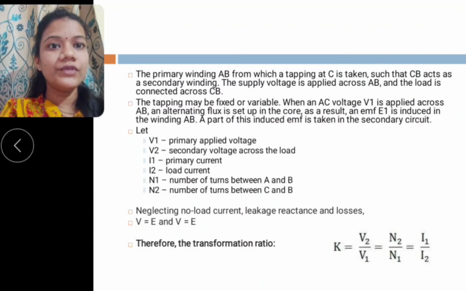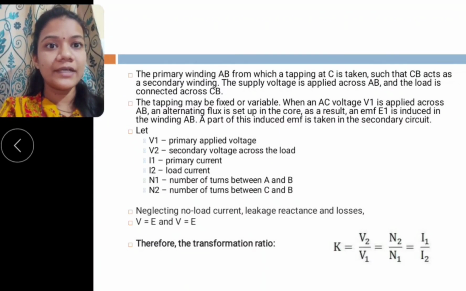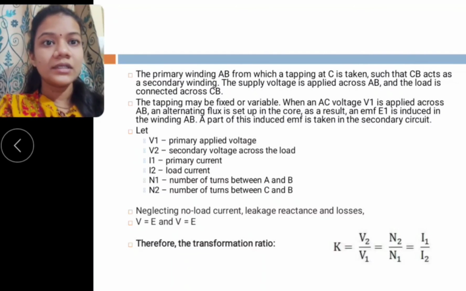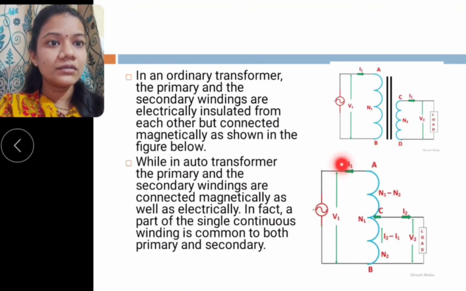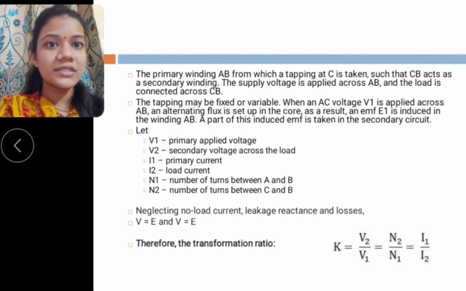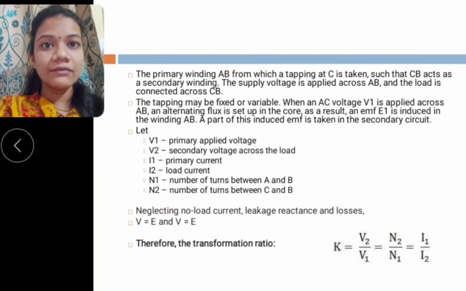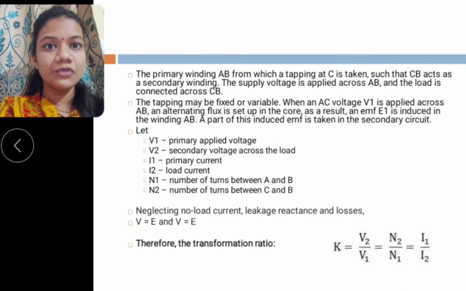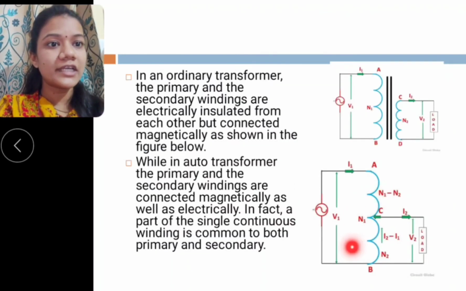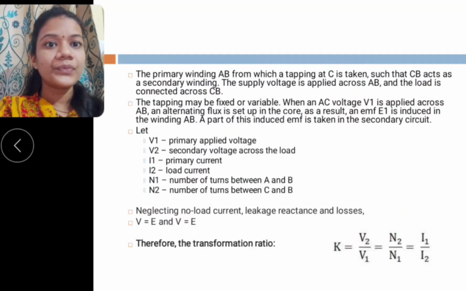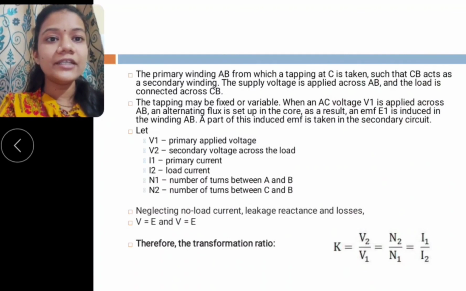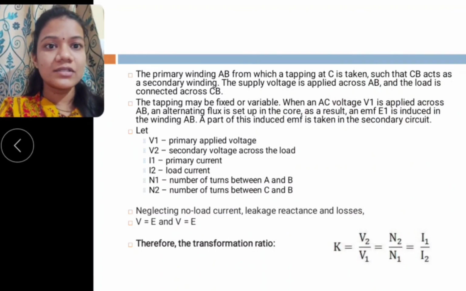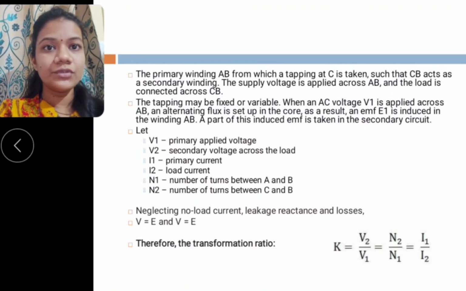Here V1 is your primary applied voltage, V2 is your secondary voltage across your load, I1 is your primary current, I2 is your secondary current, N1 and N2 are the number of turns, N1 between A and B and N2 for the secondary, between C and B. Neglecting no load current, leakage reactance and losses, V1 is equal to E1 and V2 is equal to E2.